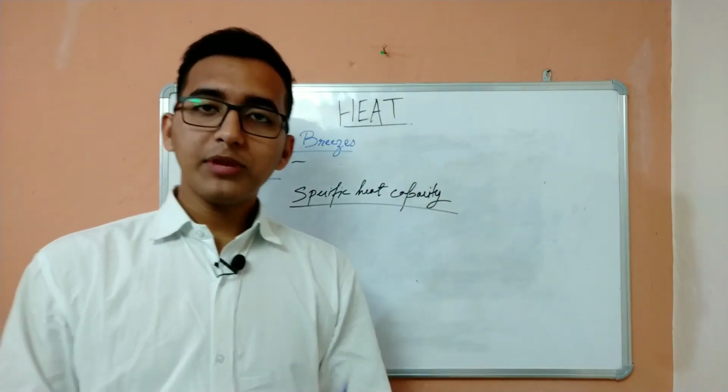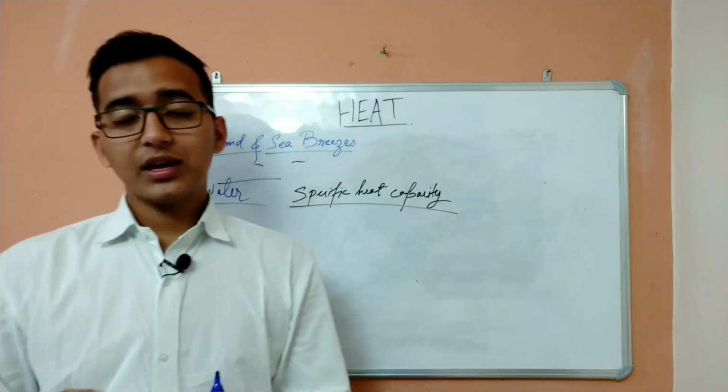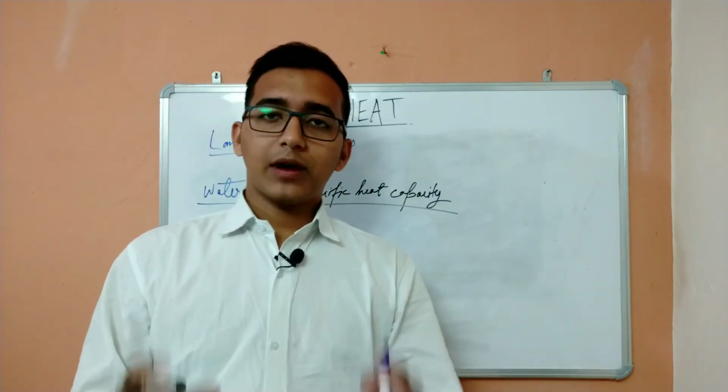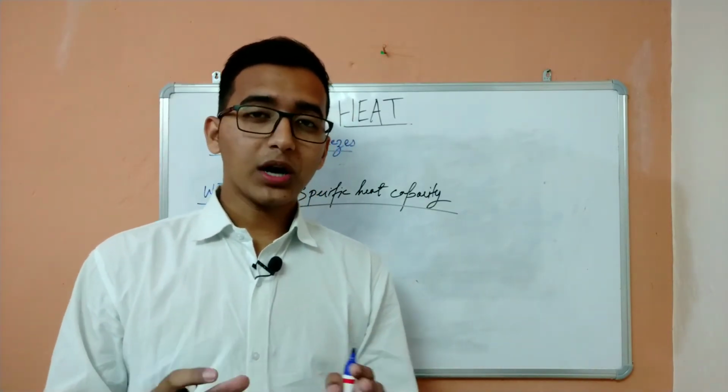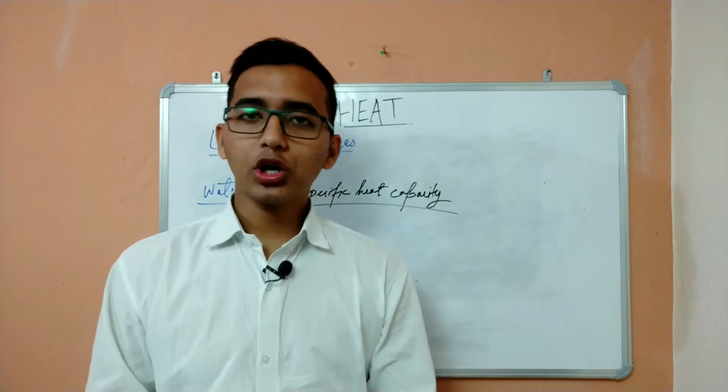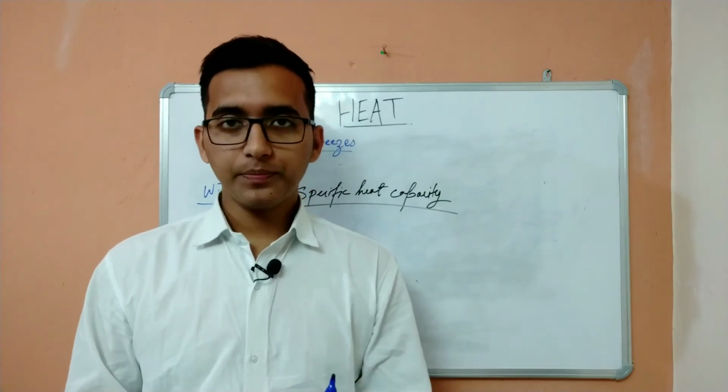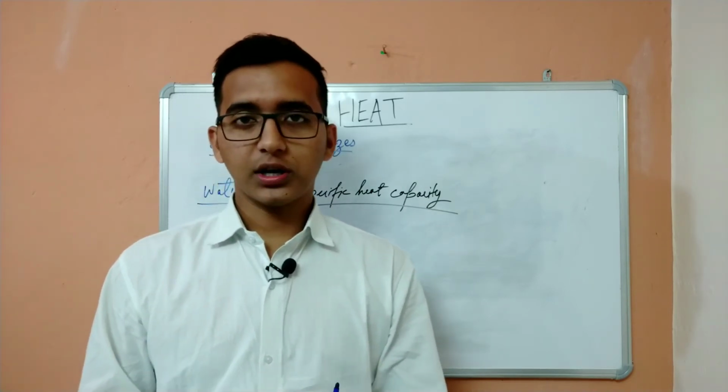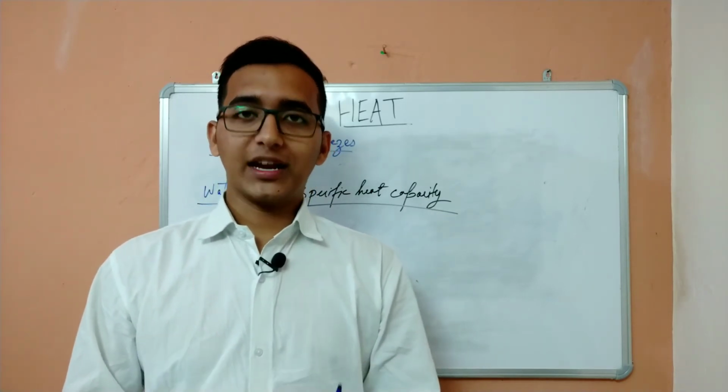What do I mean by that? I mean that water simply takes a lot of time to get warm or to get hot; to increase the temperature of water you need to provide more energy, or you will need more time.